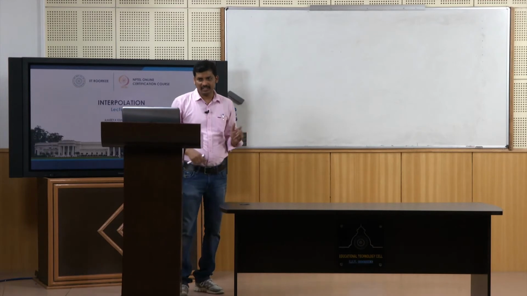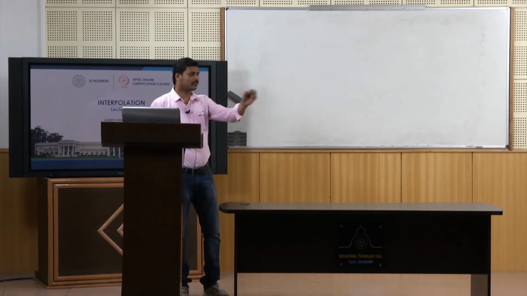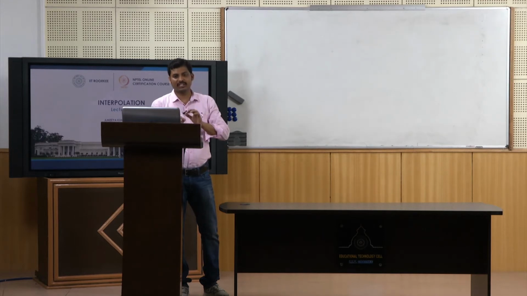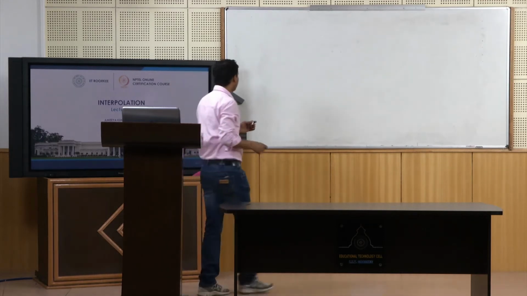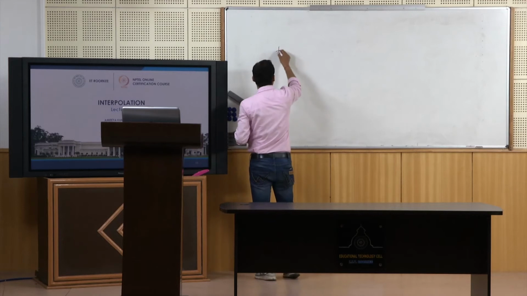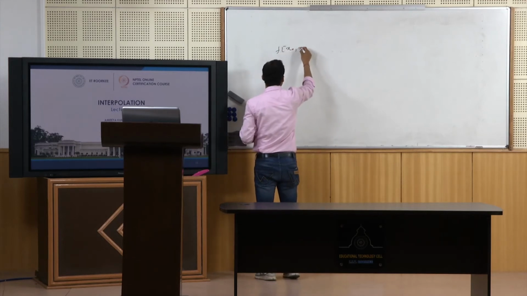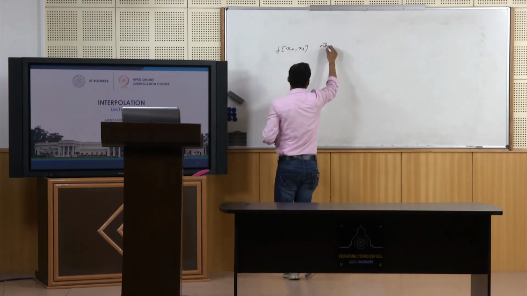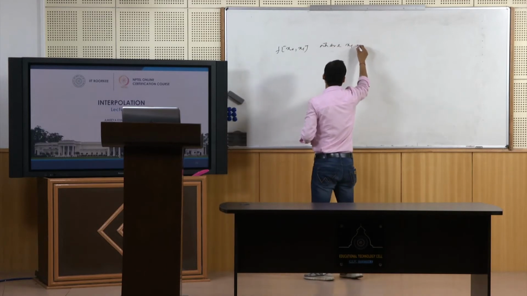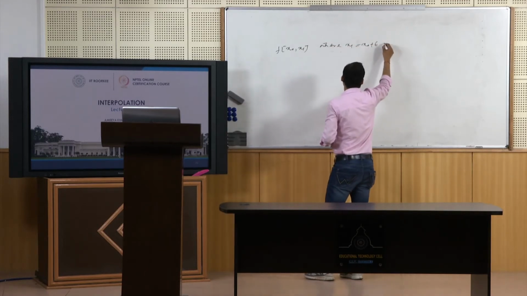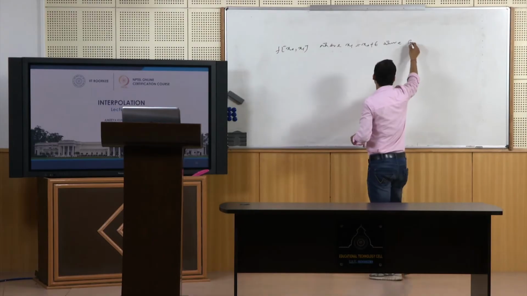This means that if the arguments are equal, like f of x0, x0, suppose we write f of x0, x1, where x1 can be written as x0 plus epsilon, where epsilon is very small.